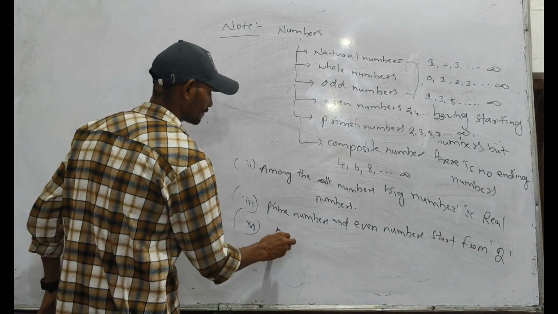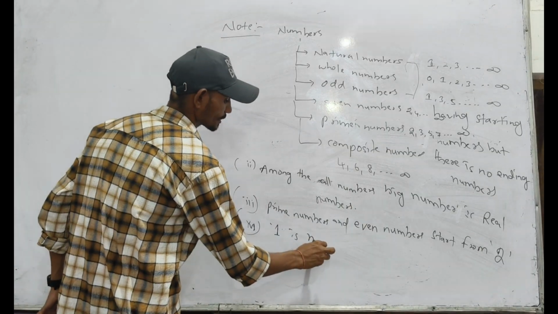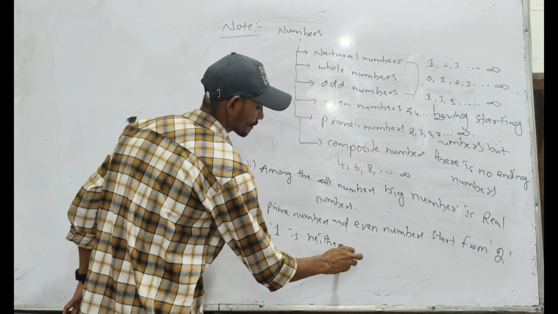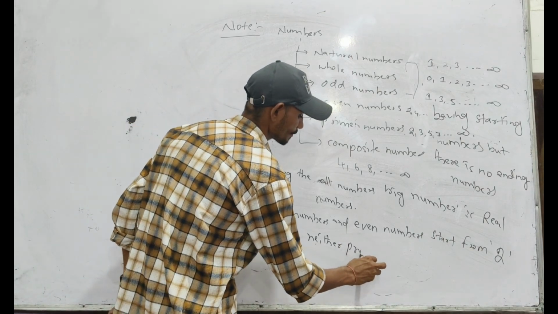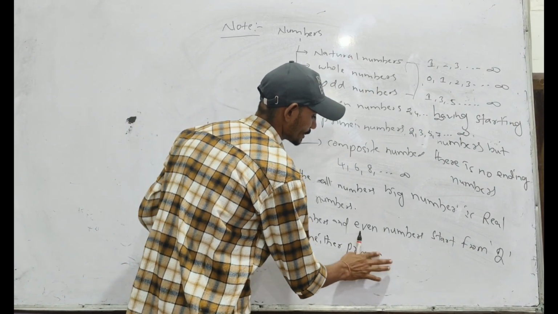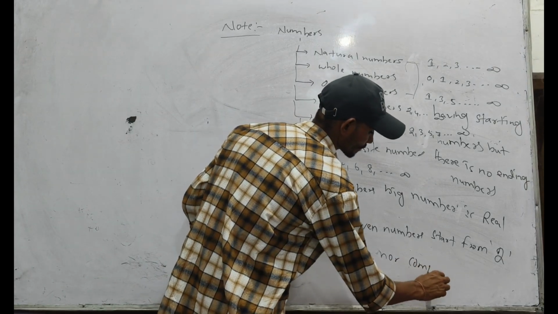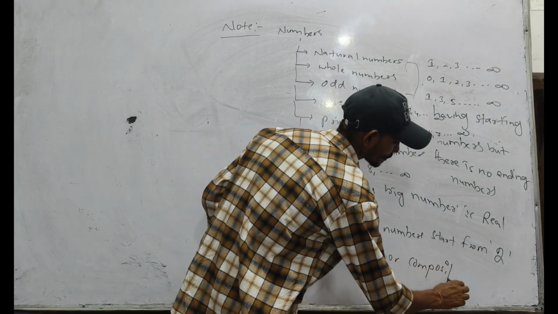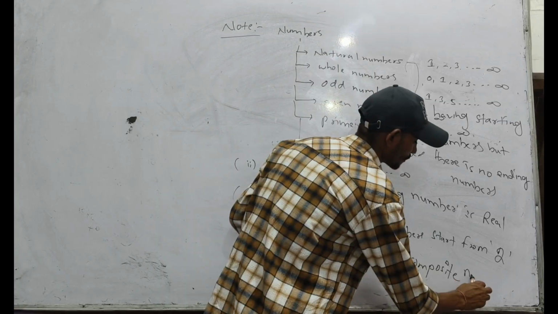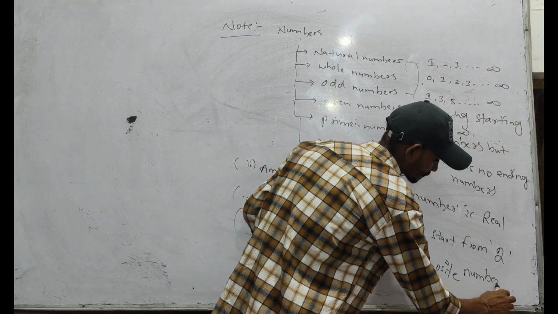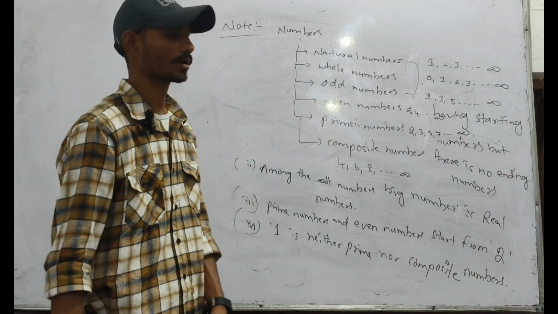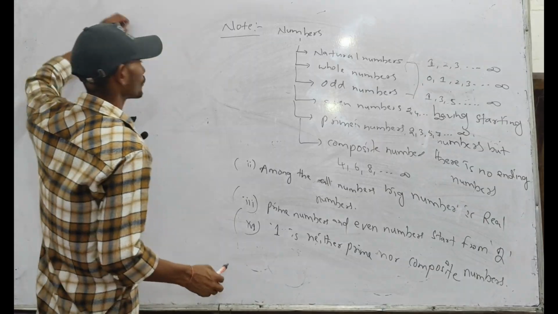Next, 1 is neither a prime number nor a composite number.